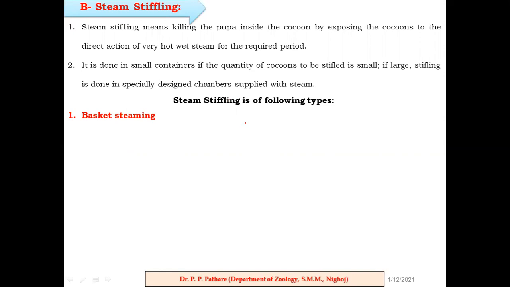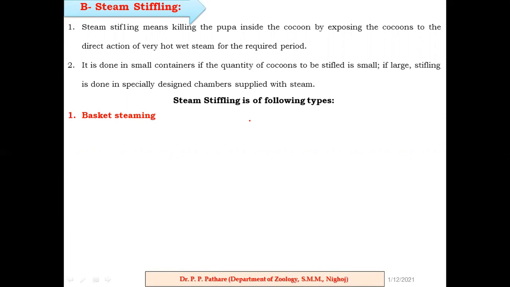For example, if you visit the rural areas of India, most farmers or sericulturists easily choose sun drying, because it is the easiest and cheapest method to dry the cocoon and kill the pupa.